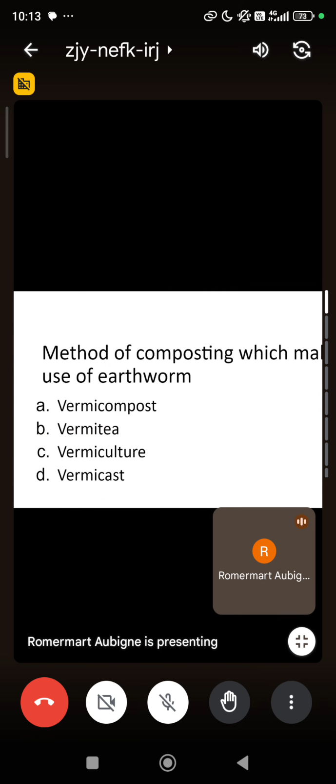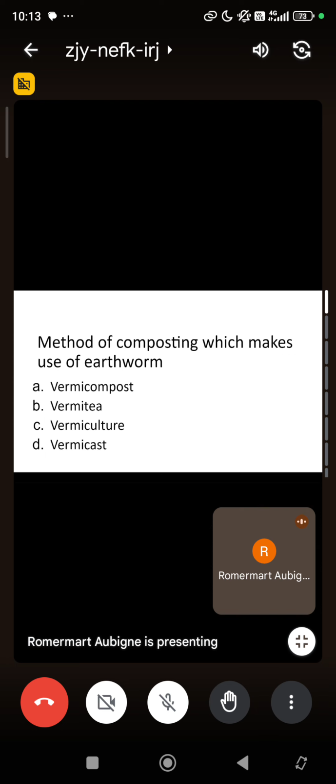So next, method of composting which makes use of earthworm. Ano pong tawag dito? A. Vermicompost. B. Vermity. C. Vermiculture. Or D. Vermicast. Ano pong tawag dito?